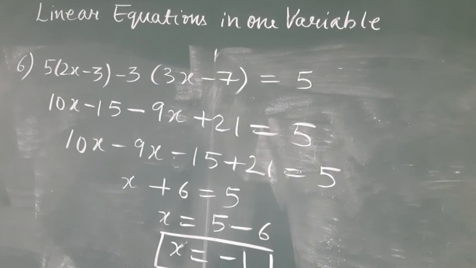Now either we can subtract 6 from both sides, right, or we can simply move that plus 6 to the right hand side. So I have simply moved that plus 6 to the right hand side, so it will be 5 minus 6, and plus minus minus, the sign of the greatest number applies. So the value of x will be minus 1.